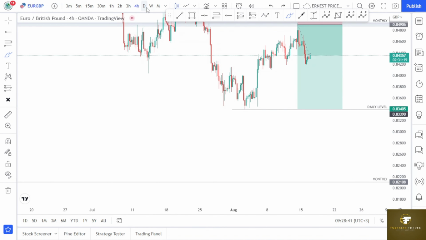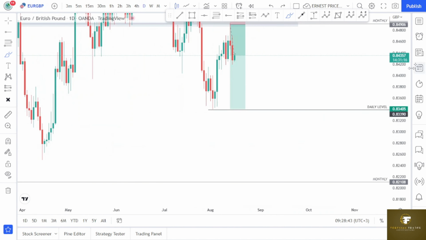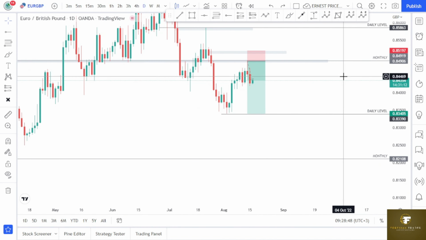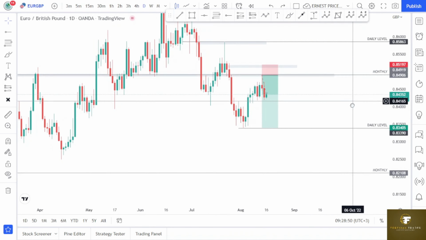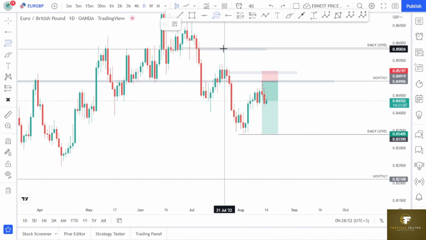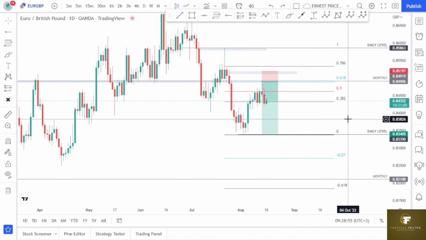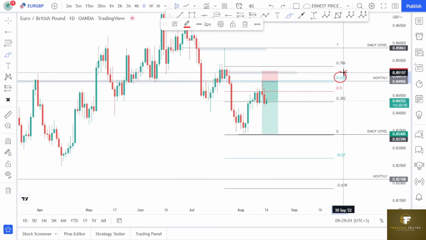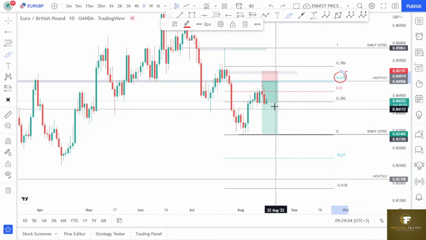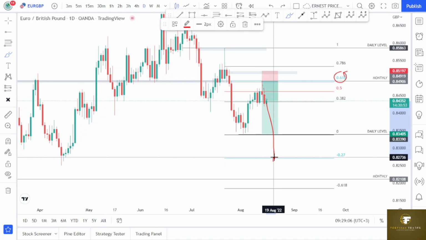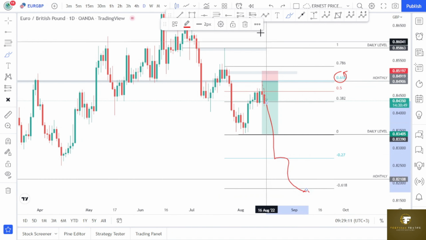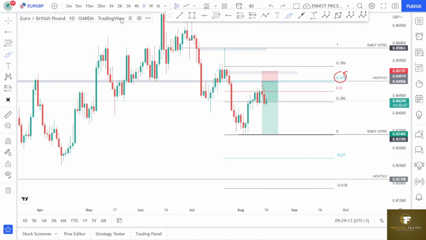If you look at this on the daily time frame, this is a big downtrend, and if you put in your few levels, you understand why price reversed exactly here. Price came to reverse at 0.618, so we expect price to push to touch the minus 0.27 or maybe minus 0.618 as our target level.